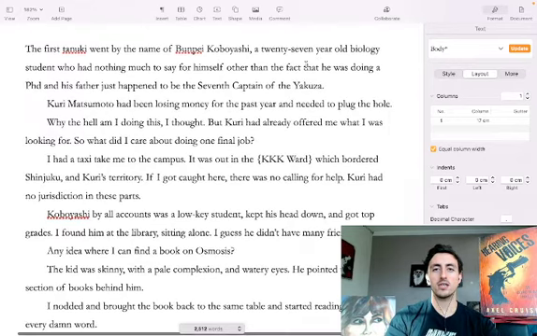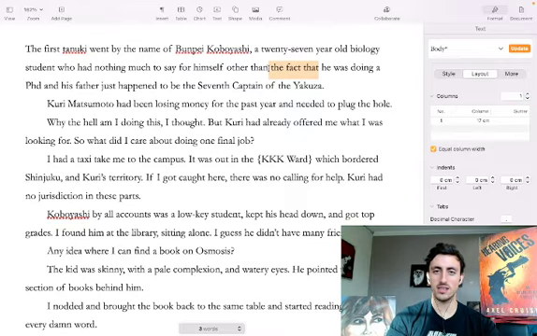Bunpei Kobayashi, a 27-year-old biology student who had nothing much to say for himself other than the fact that... that's quite hard to say. That needs to be edited.